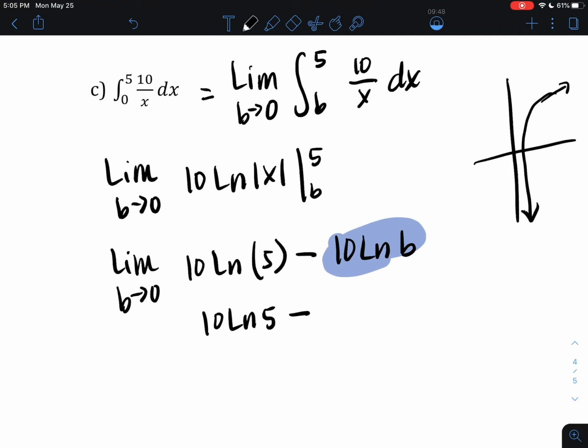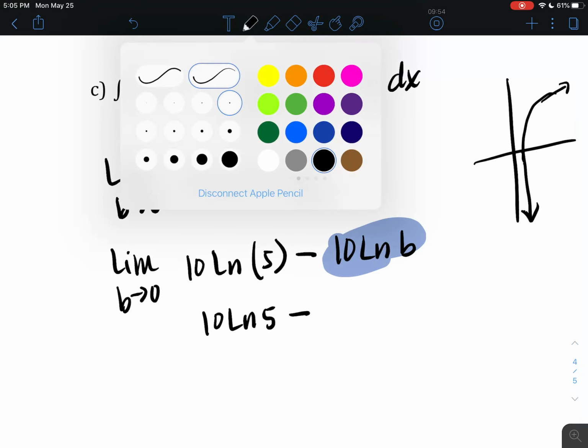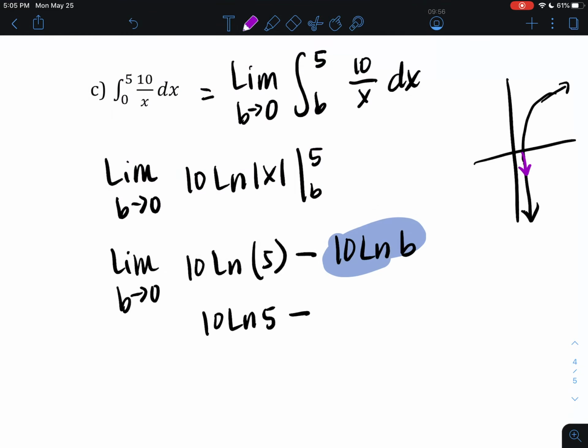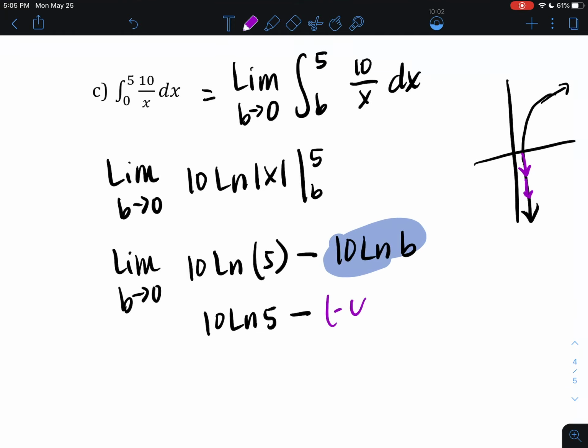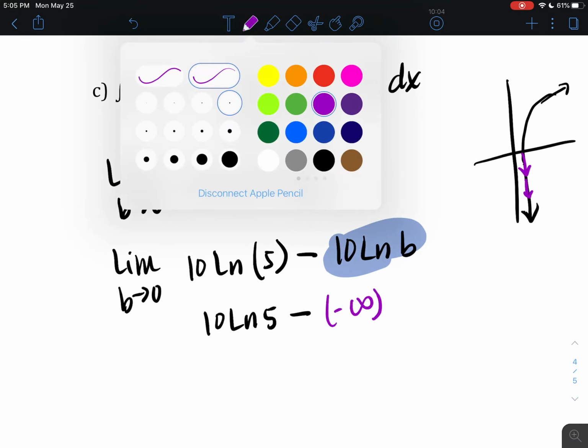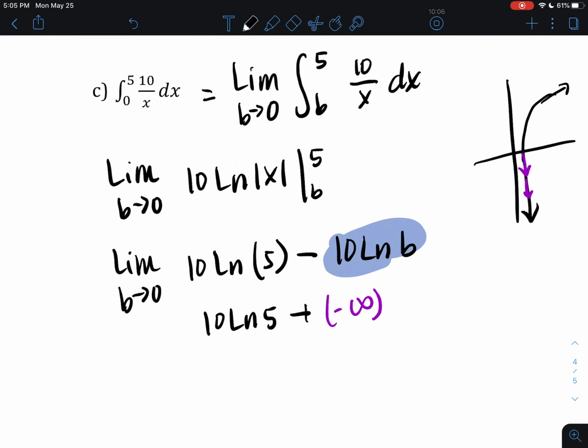We're looking at x approaching 0, so it's coming here. Then y is actually going towards negative infinity. So my answer here is going to be infinity, which means it diverges.